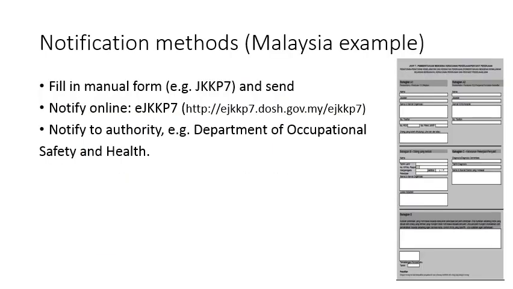Legal notification is usually carried out via filling of relevant forms and sending to the relevant authority. In Malaysia, notification can be done by filling in the JKKP7 form, which can be downloaded from the Malaysia Department of Occupational Safety and Health website, and sent to them by courier, or online, by registering and notifying through a JKKP7 system. Other countries would have their own system of notification.